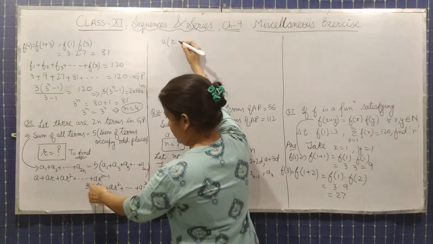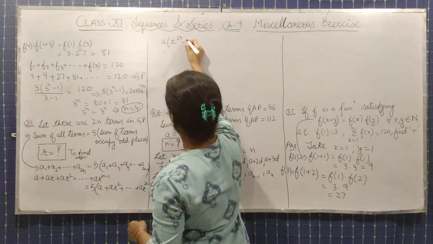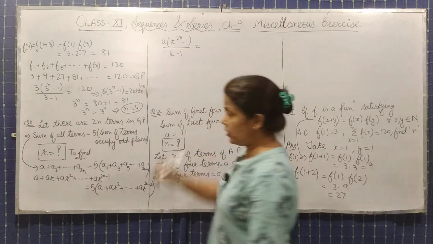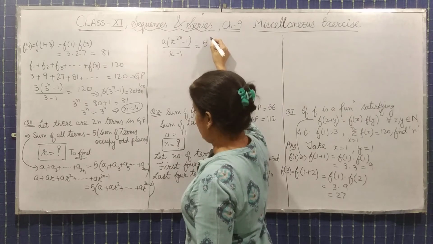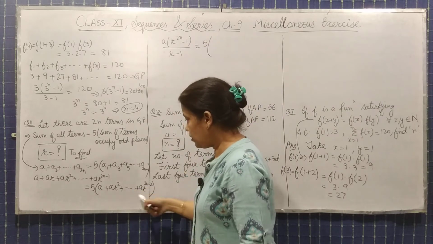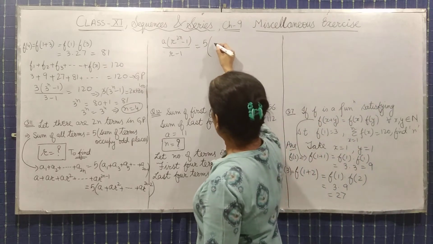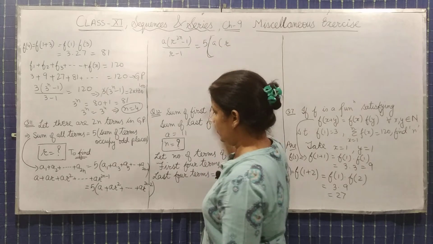Total terms are 2n. The sum of the GP is a(r^n minus 1) upon r minus 1. This is equal to 5 times the sum of this GP. What will be the power of n here?